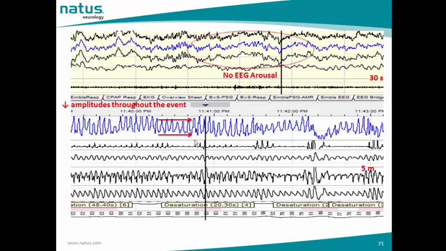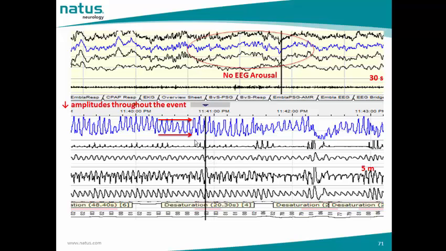If we look at the EEG signals, here we can see that there is no evidence of EEG arousal. And if we look at the respiratory event that precedes the indication bar, we can obviously see that this event fulfills the criteria of hypopnea.